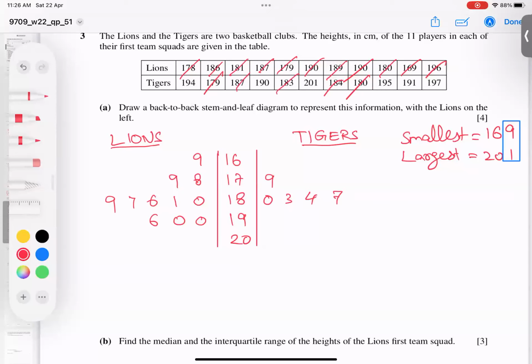Afterwards, 90 values: there are 5 values of 90s. So I cut 90, 0 comes here. Then I cut 91, so 1 comes here. Afterwards I cut 94 and 4 comes here, then 95 and 97. And 1 value only of 200, so 2.